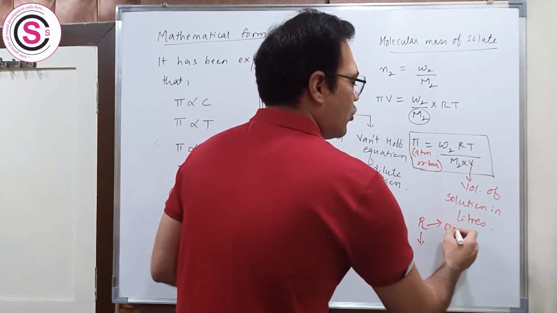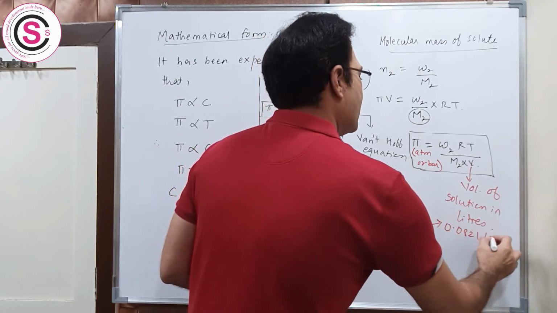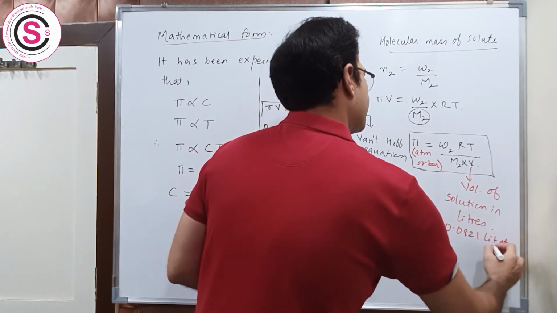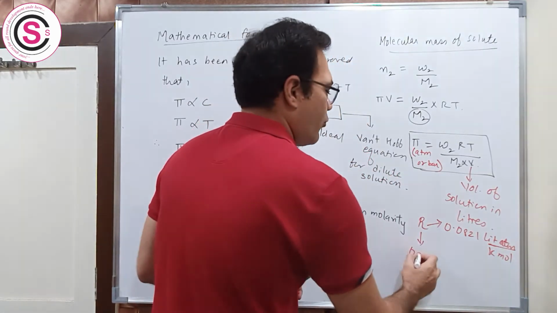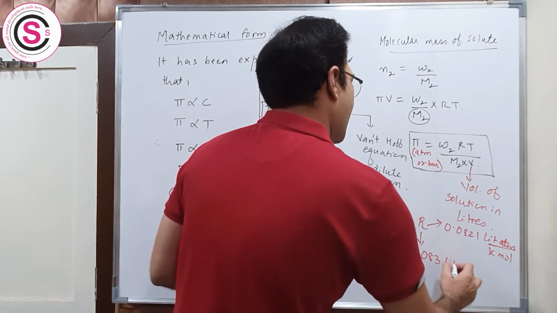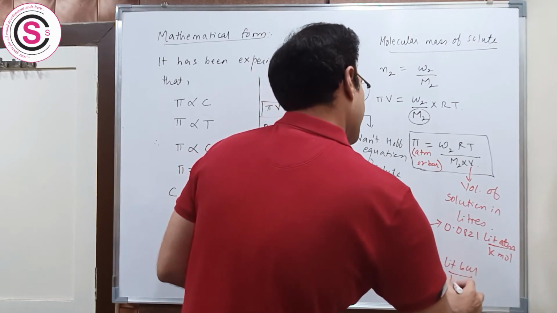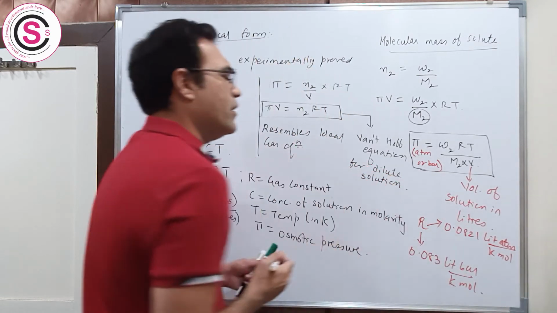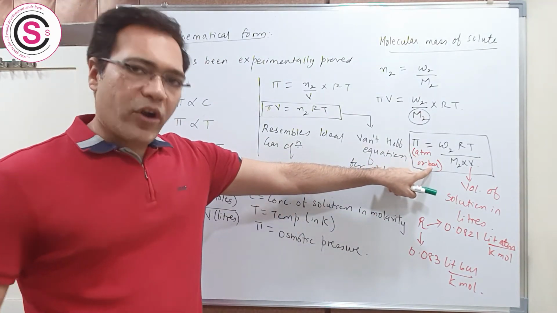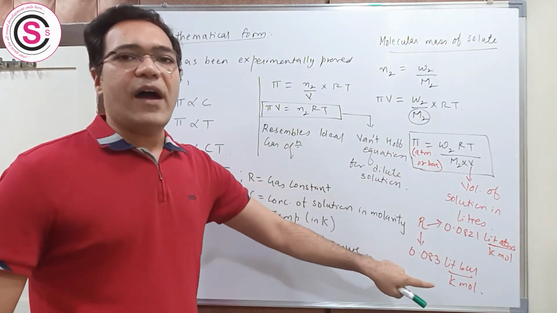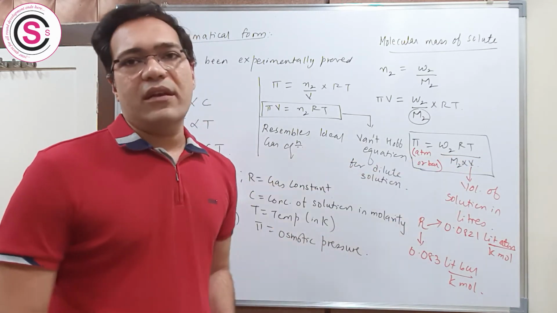You can take it as 0.0821 liter atmosphere upon Kelvin mole, or you can take it as 0.083 liter bar upon Kelvin mole. Correct? Because this will be in atmosphere or bar. So according to that you select which value of R you need to take, and volume is in liters.